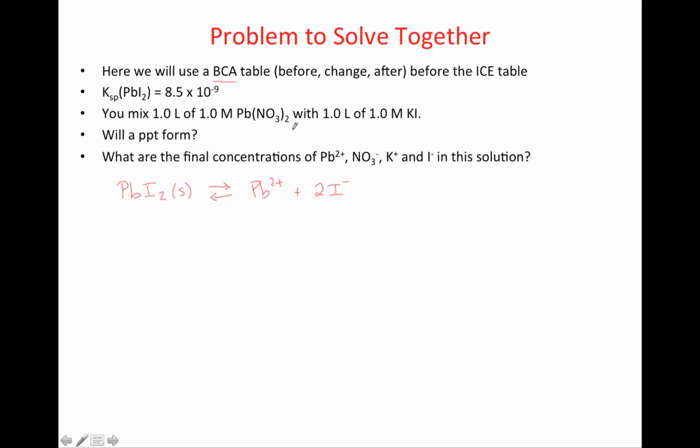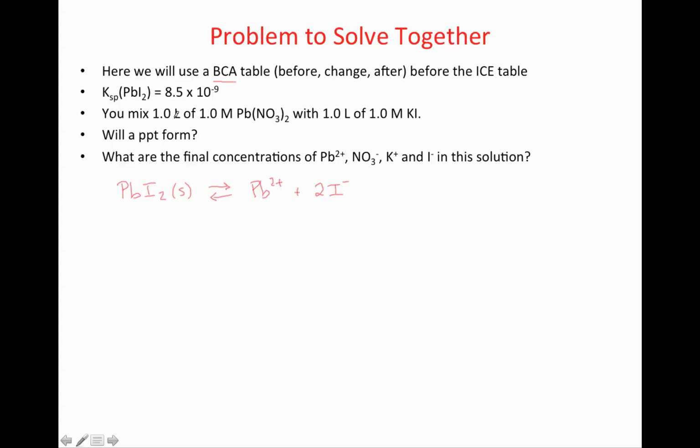And in fact, maybe a good place to start this problem, since I'm asked for the concentrations of all the ions, is to say what are the concentrations of nitrate and potassium, because as spectator ions, they're not participating in this equilibrium, and I wouldn't expect them to cause any precipitation or anything like that. These types of salts are soluble. So these are kind of spectator simple species.